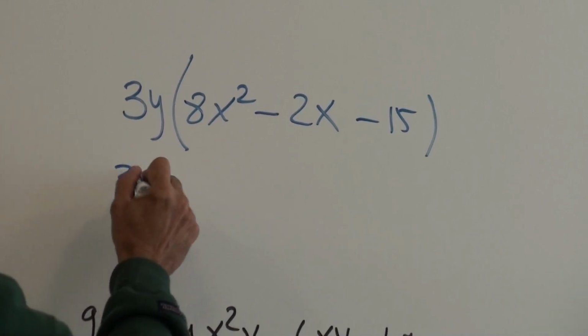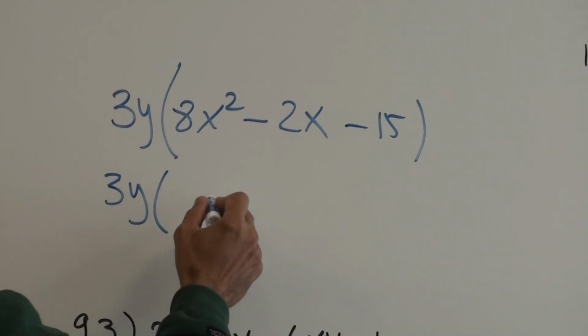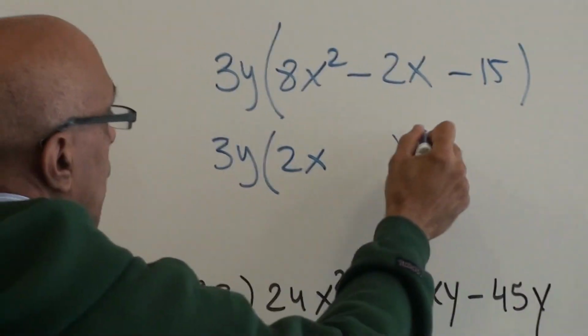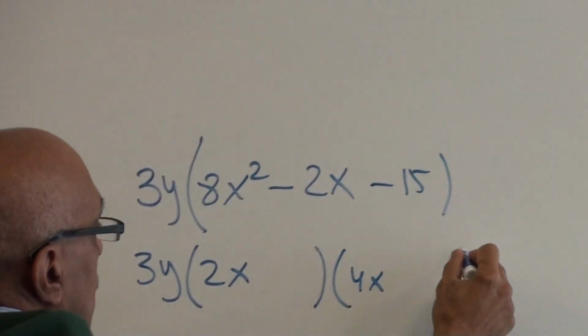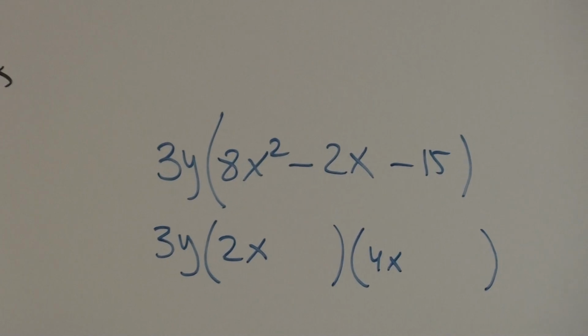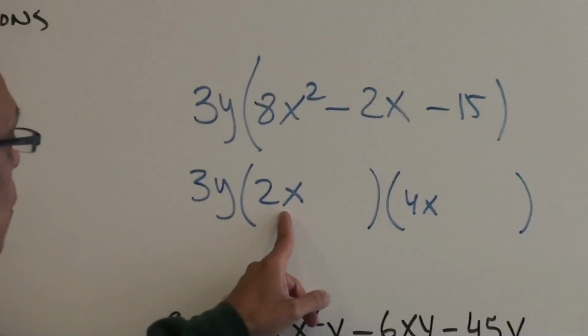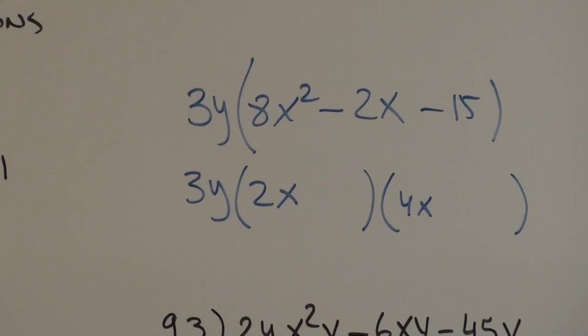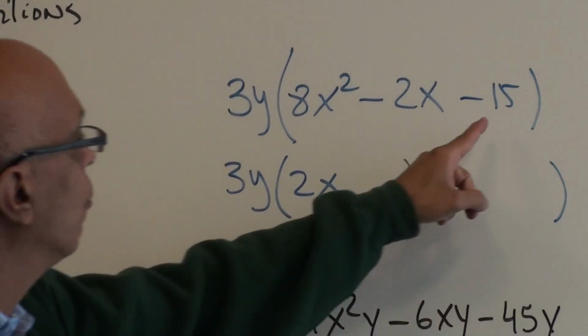Again, we're going to have 3y here, and then maybe 2x on this side, and then 4x on that side. Let's see, 2 and 4 is 8. That's one possibility. Now I know 15.